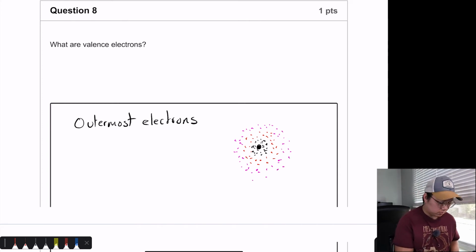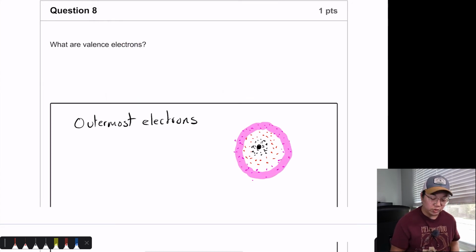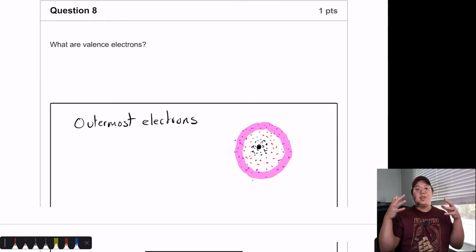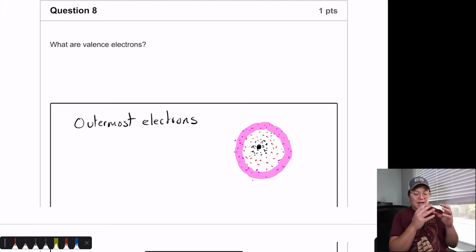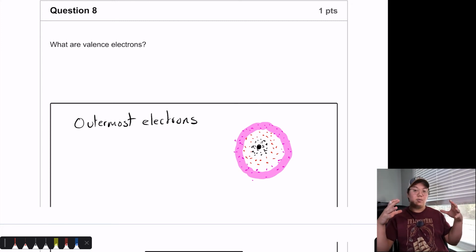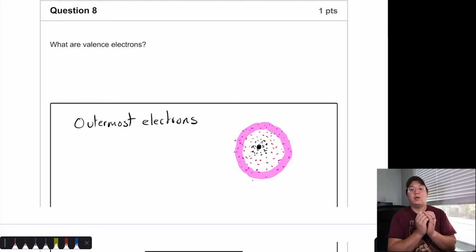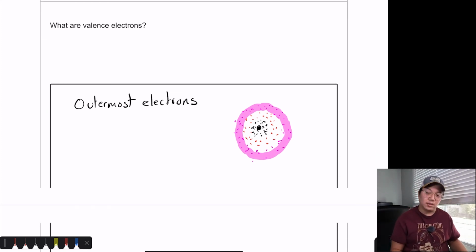So it's maybe a little bit hard to see, but these electrons on the outermost shell are at the edge of the atom. So if this atom goes and bumps into something else, it's going to be interacting with those outermost electrons only. Those electrons on the inside are not going to interact. Just like if you crash your car into something, it's the outside of your car that's going to interact, and not the inside of your car. That's a terrible example. But the outermost electrons are the valence electrons.